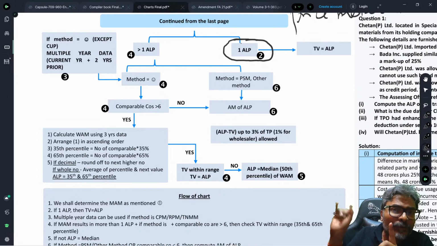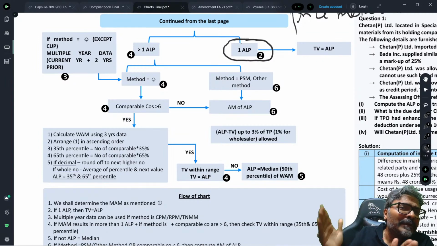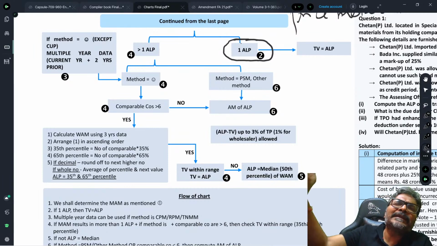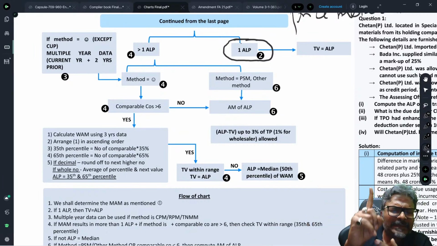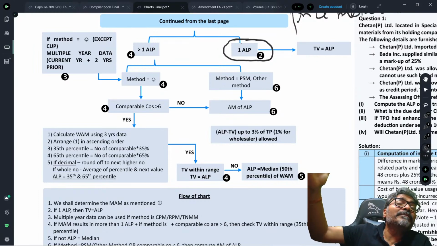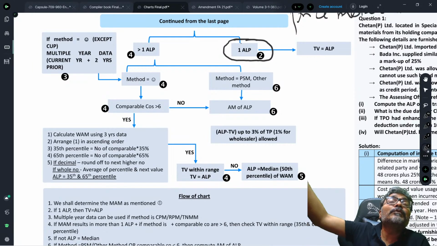And if you want to write in your own words, you can write it. If the question has more than one comparable data, then you will ensure that in respect of all the comparables given to you, you will apply only a single method, which is the most appropriate method to be applied in that particular question. Only one method could be applied. Based on that, if you apply the method of the ALP on more than one comparable data, you will definitely get more than one ALP.